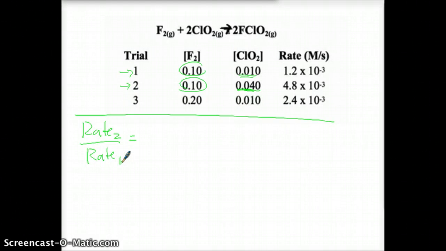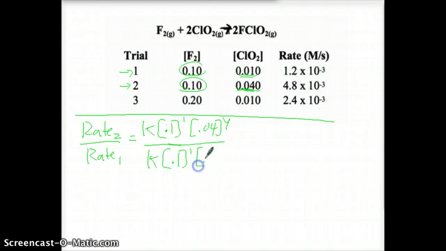So I'm going to have K times the concentration of 0.1 to 1 times 0.04 to the y, because we don't know what it is yet, over K times 0.1 to the 1, 0.01 to the y. So what can I cancel? Well, I got K's canceling, 0.1 to the 1 canceling.